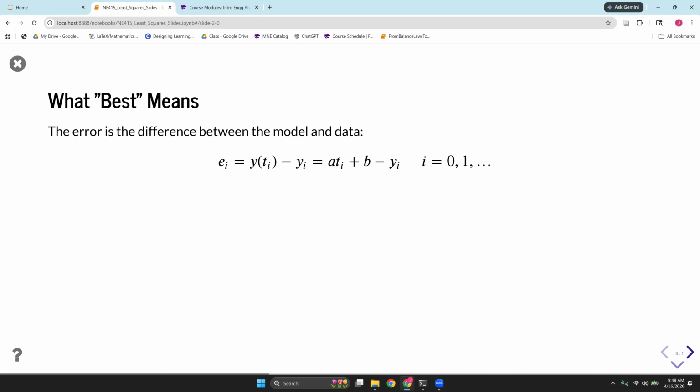So we have all these equations where the error is equal to the measured value y minus the model value y, or the model value y minus the measurement. So we have a model minus the measurement, and we have that for i equals 0, 1 through the number of points that we have. Okay. What kind of equation is this?